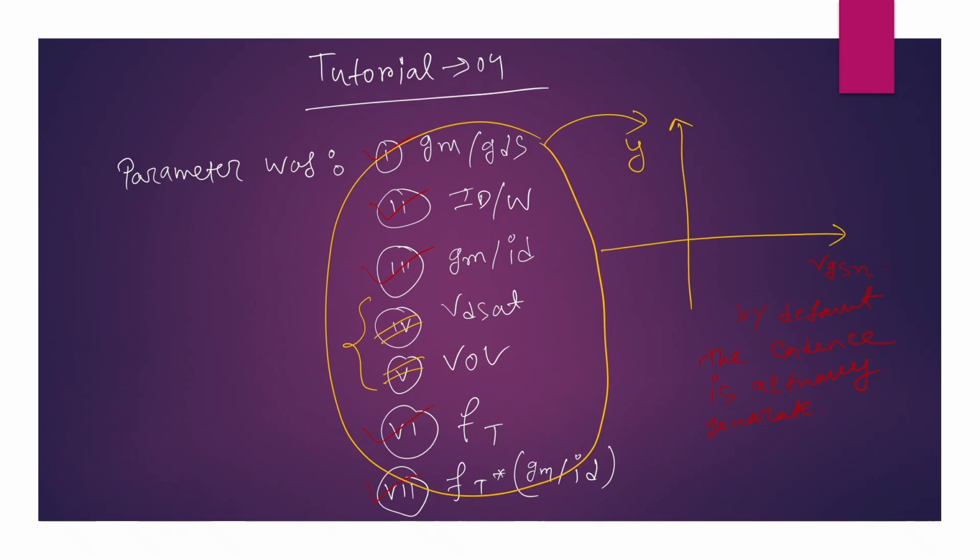But the plot we actually need is the variation of different parameters with respect to GM over ID. So we need GM over ID on the x-axis and the parameters on the y-axis. This can be done in Cadence, but when I analyze different channel lengths, I will need to use parametric analysis.